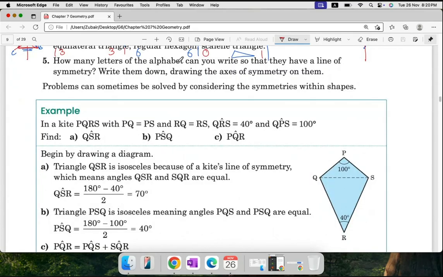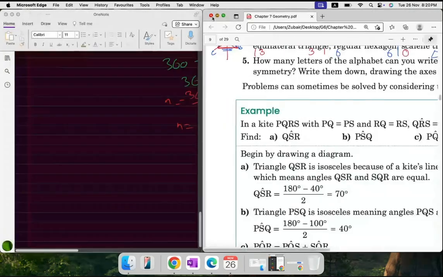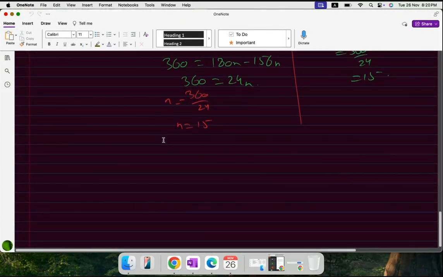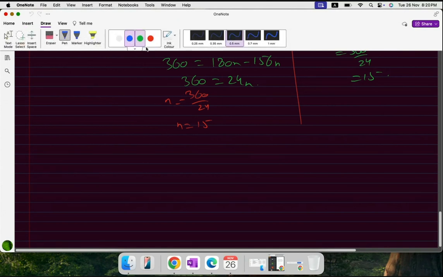Number five: how many letters of the alphabet can you write so that they have a line of symmetry? Write them down, drawing the axis of symmetry on them. So let's use some writing space. I'll just quickly write them so we don't have to think about them.